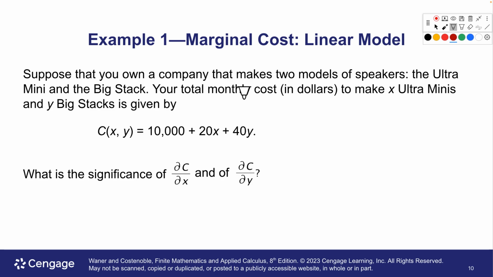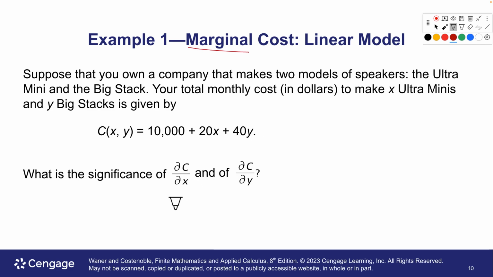We're going to just skip over this, but you could read through it. It's basically going to introduce this concept of marginal cost. And so when we take this function, the derivative with respect to x, there's only one x variable, so 10,000 is 0. Derivative of 40y is 0.